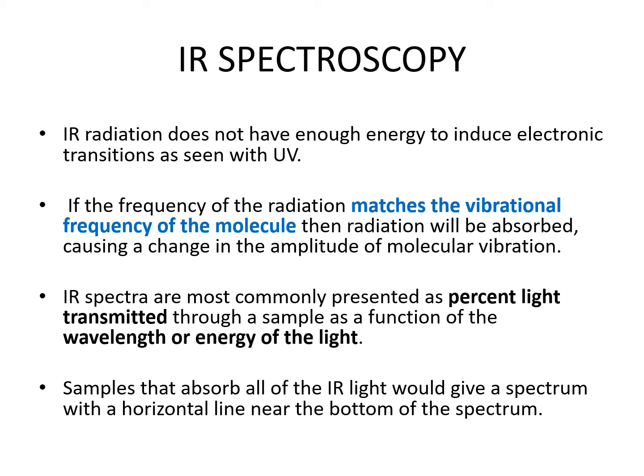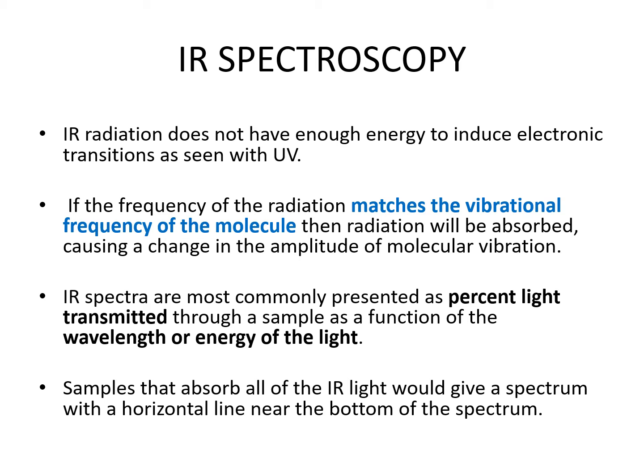So IR spectroscopy detects only these vibrations because of its lower energy. The most that it can do to a molecule is create vibrations, and different vibrations like those of the water molecule we saw in the previous slide.